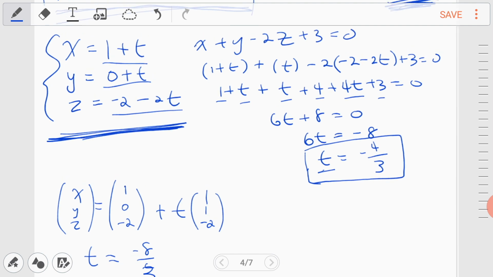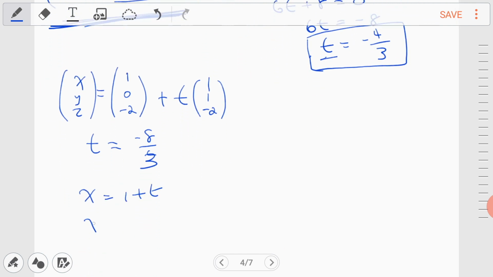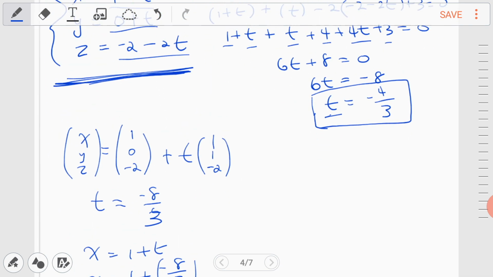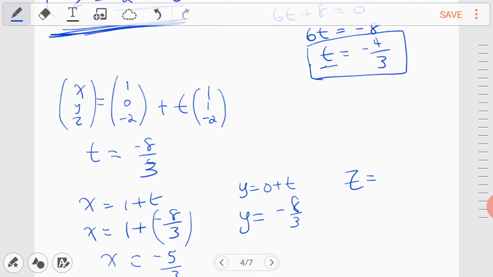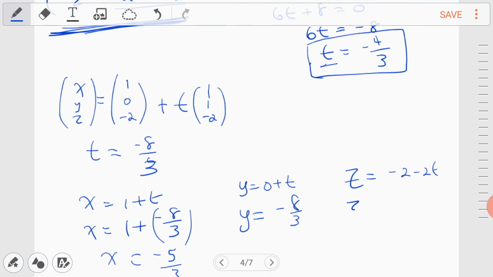x is equal to 1 plus t, so x is equal to 1 plus -8/3, and we get x equal to -5/3. y is equal to 0 plus t, so y is just equal to -8/3. z is equal to -2 minus 2t, so z is equal to -2 minus 2 times -8/3.